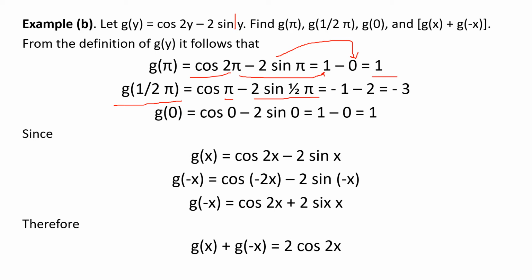That's why it's 1 half phi. Now, this cosine phi provides you a negative value. Then next, your negative 2 sine 1 half phi provides you negative 2. Since it's a negative value here, that's why it's negative 2.